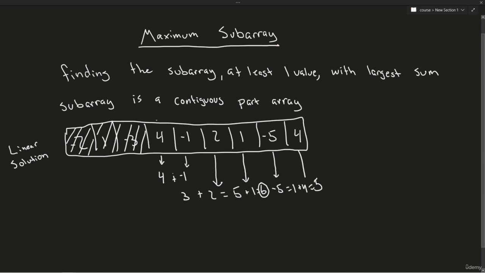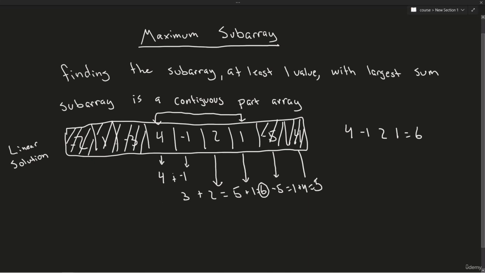So for this array, our maximum subarray would be 4, -1, 2, and 1. And this would give us 6. So we don't have to worry about any of these other values here. So in this case, we are done.